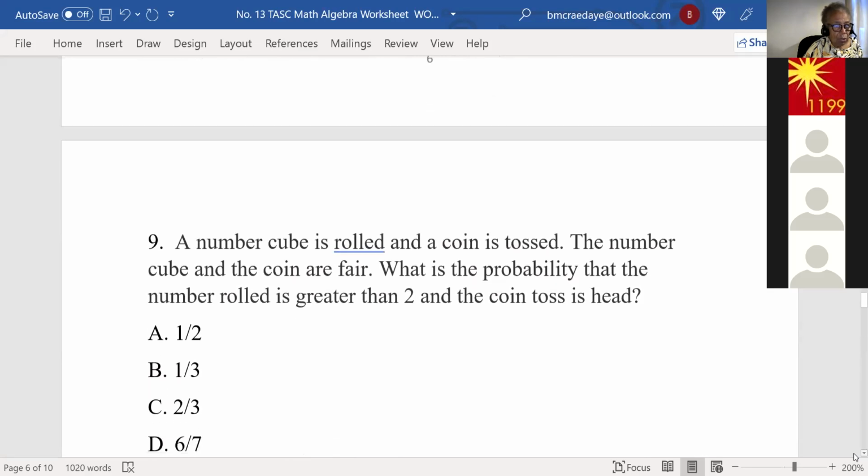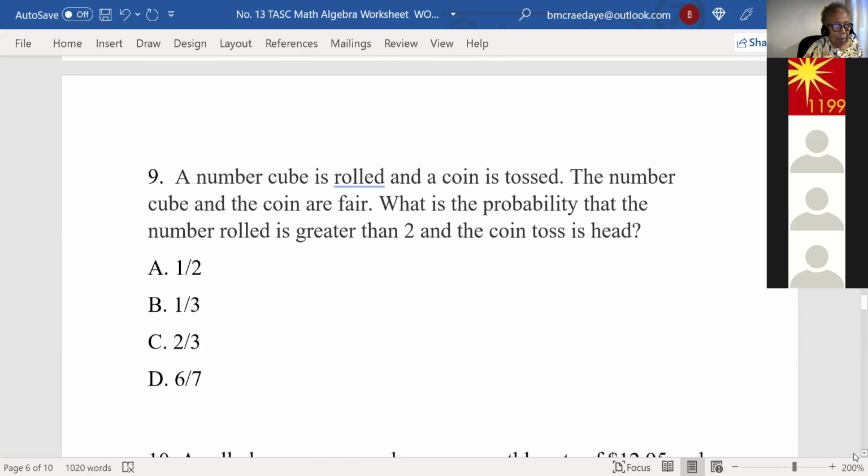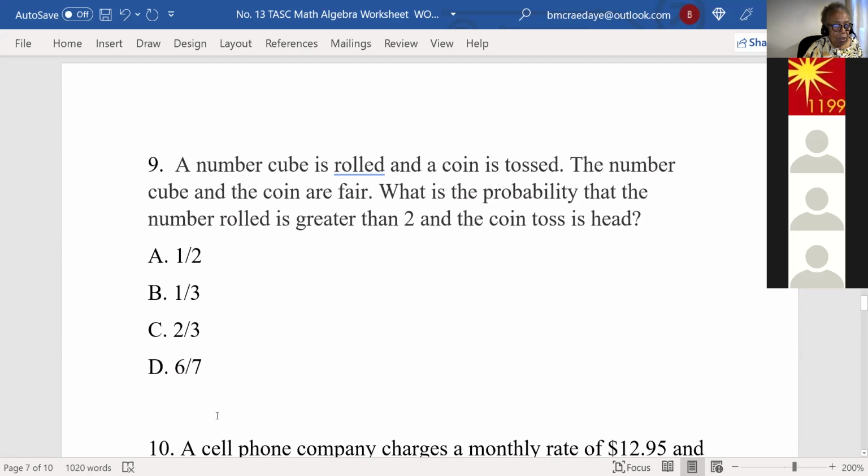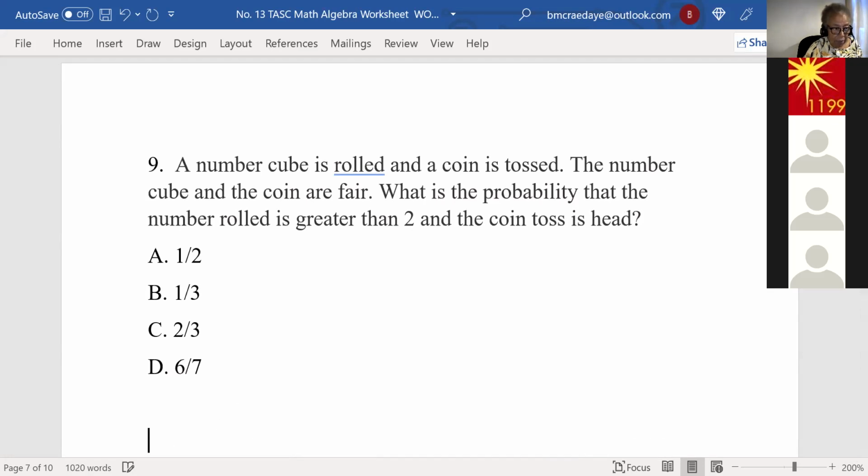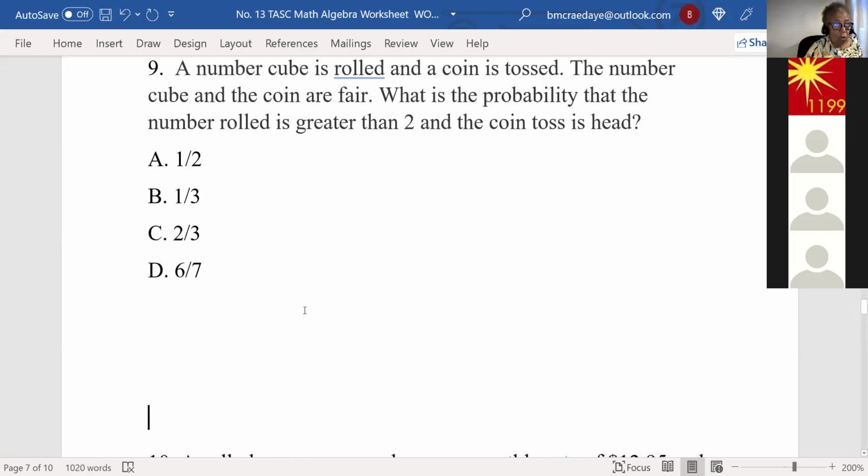Well, no, let's do number 9. Now, these are independent events. The cube and the coin. Now, a coin has 2 possibilities, right? A coin has heads and tails.